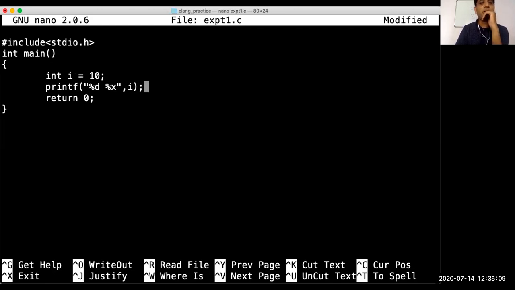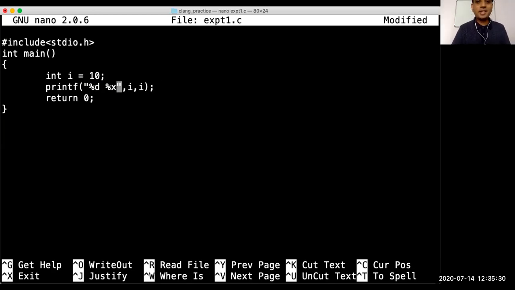Integer i is equal to 10, percentage d, i, and i. Now here the value of i is replaced. Percentage d is the placeholder, and the value of i is again replaced here because there are two placeholders. What is percentage x? Yes, that should be the question you ask.